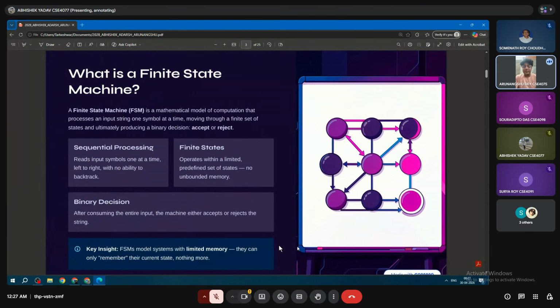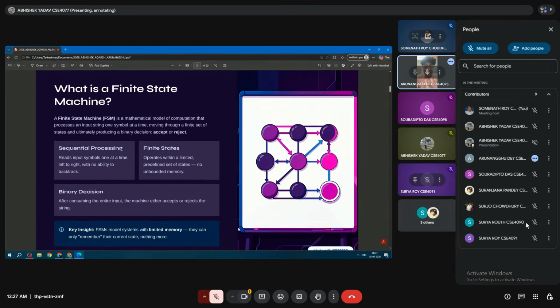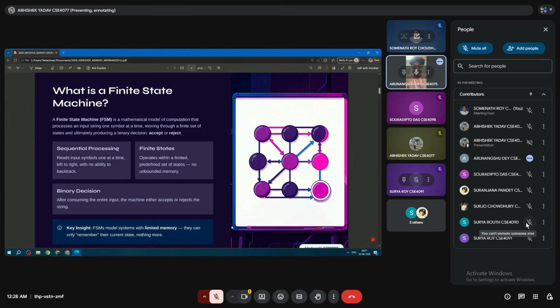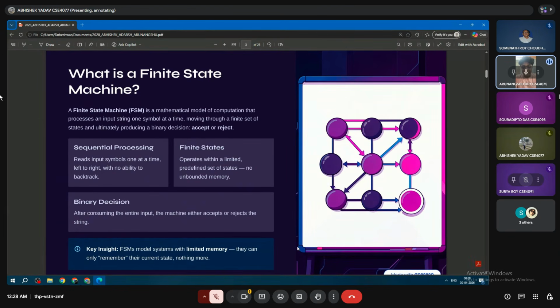Yes. So first, an important part of this topic is what is a finite state machine. A finite state machine, or FSM for short, is a mathematical model of computation that processes an input stream one symbol at a time, moving through a finite set of states and ultimately producing a binary decision, accept or reject.